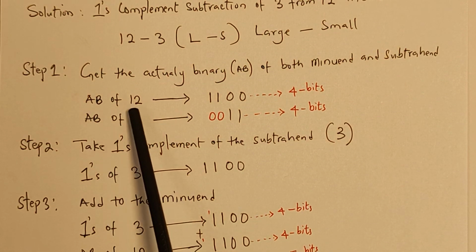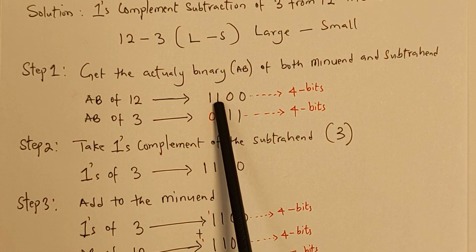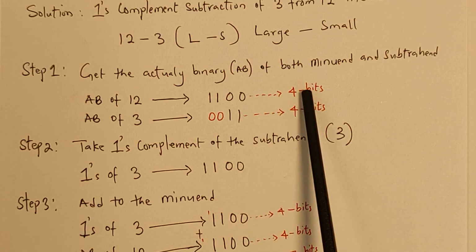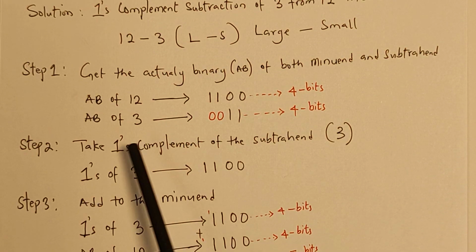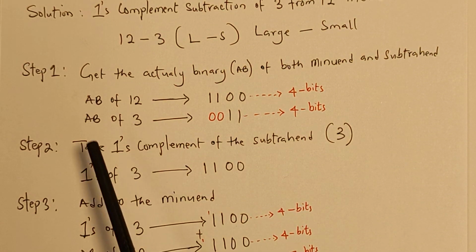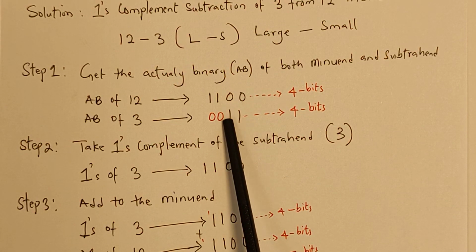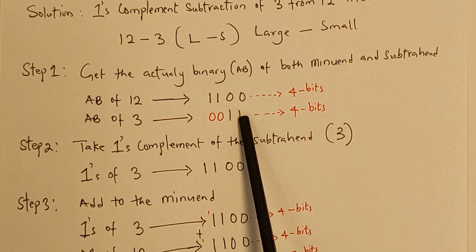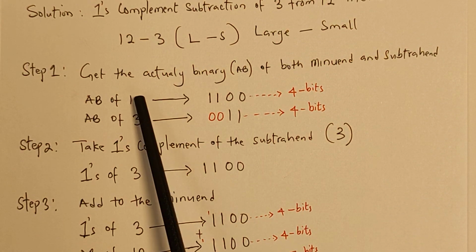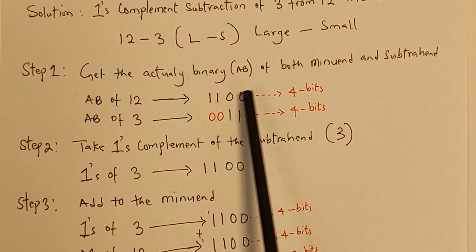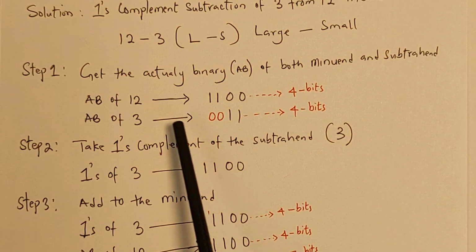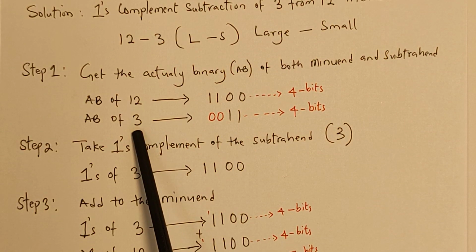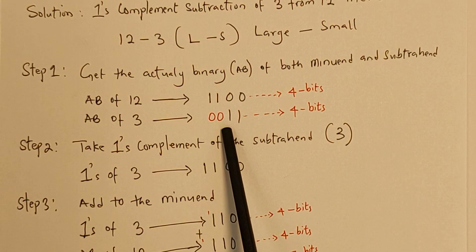The actual binary of 12 is nothing but 1100, which is 4 bits. The actual binary of 3, the minimum value required to represent 3 in binary is 11, which is just 2 bits. But because 12 has 4 bits, we need to ensure that 3, which is the subtrahend, has the same number of bits.